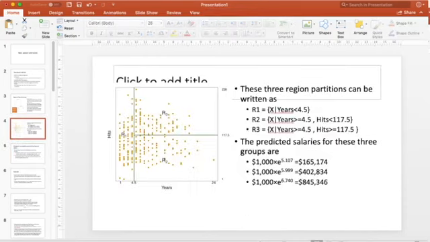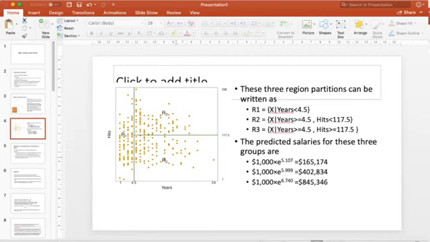So for each of the individual dots that you see in R1, for example, we would predict that everybody's salary is going to be $165,000. For everyone in region 2, we are going to expect that the salary is equal to the mean, which is $402,000.